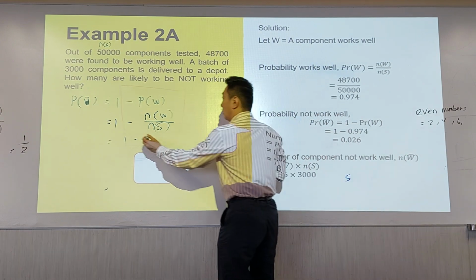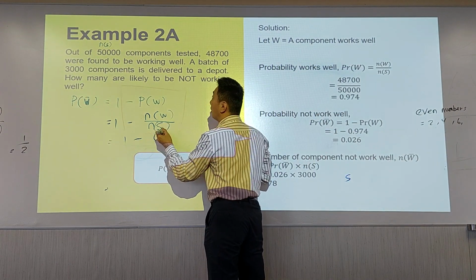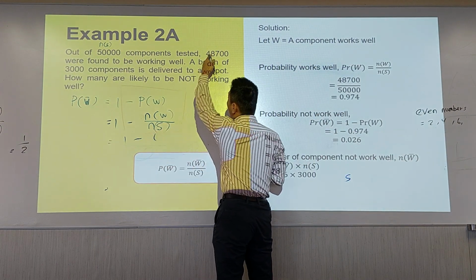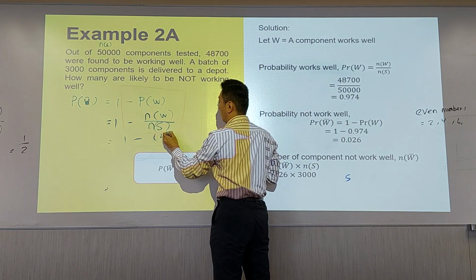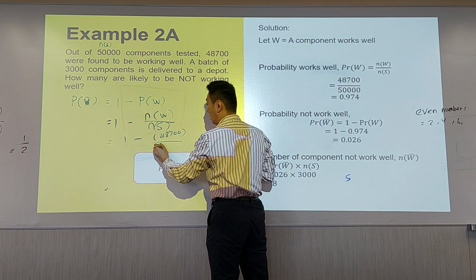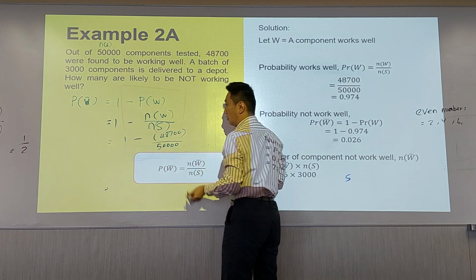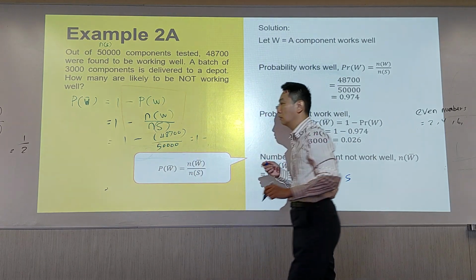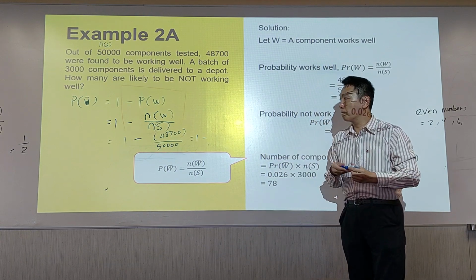Okay. For this question, N, W, we have to use this one, working well is already given. And S is from here, on the side 50,000. So simplify this.